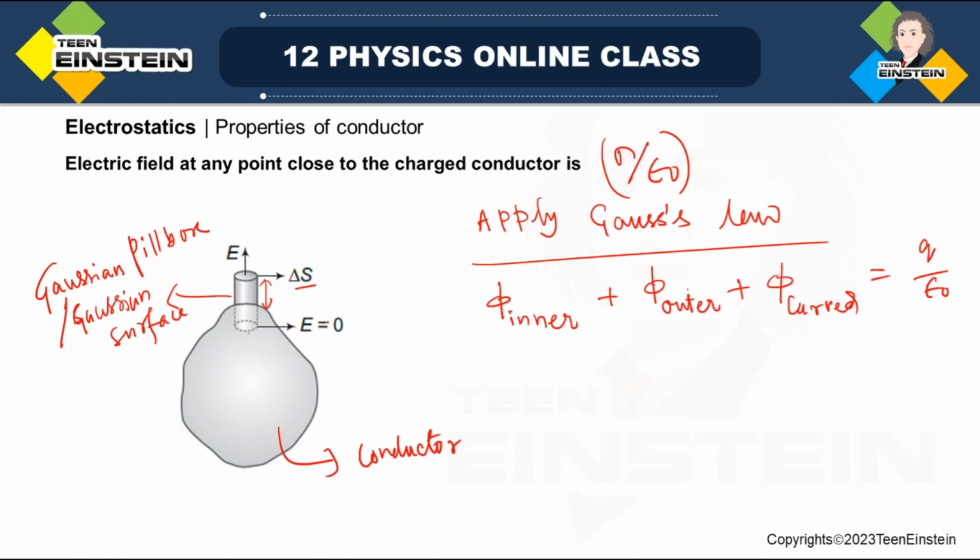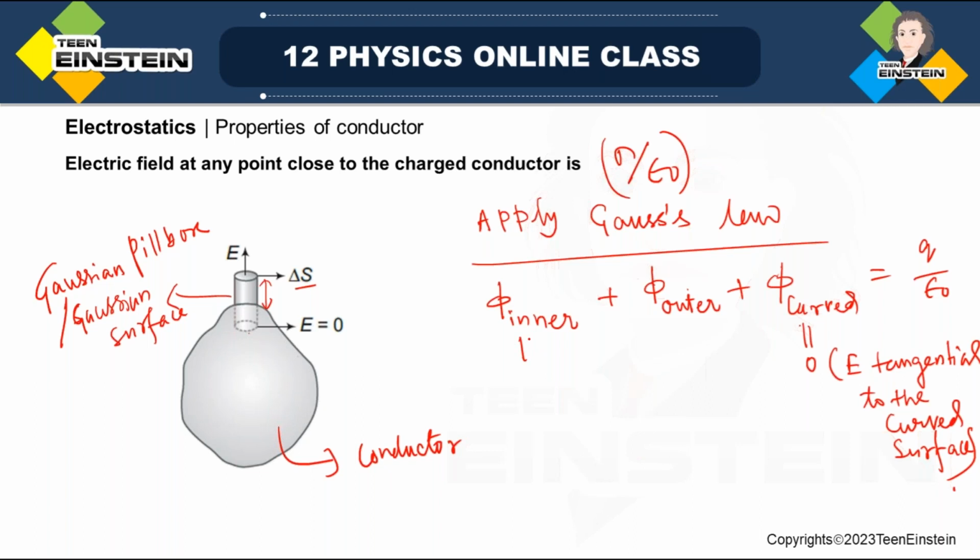Now, by symmetry the electric field is always radial, so for the curved surface the electric field will be tangential. So this flux is 0 because E is tangential or parallel to the curved surface, so there is no electric flux through it.